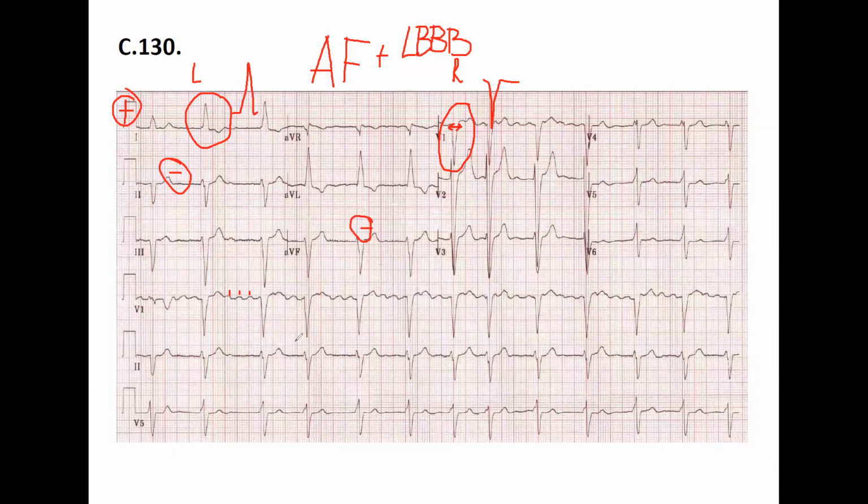So when we have a left bundle branch block, can you explain why we have an extreme left deviation? If we do not have a wide QRS and we do have an extreme left deviation, that is left anterior hemiblock. Okay. All right. Good.